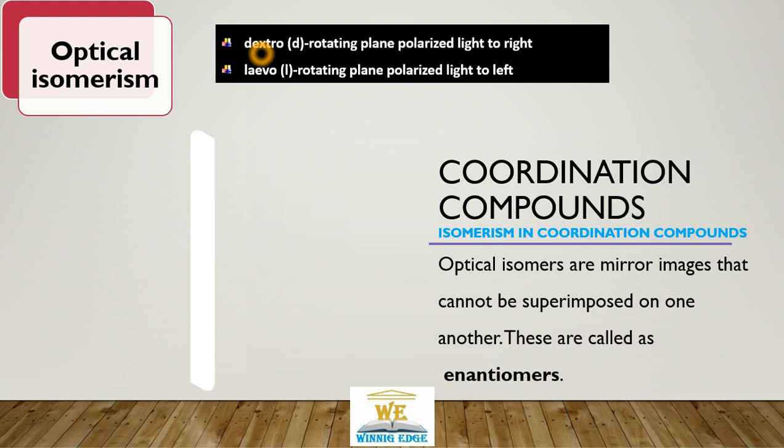It is a single plane, and if that plane of light is passed through this compound solution, it will rotate either to the right side or the left side. If the plane polarized light is rotated toward the right, it's called dextro, and if it rotates toward the left, it's called levo. An easy way to remember: both left and levo have the first letter L.